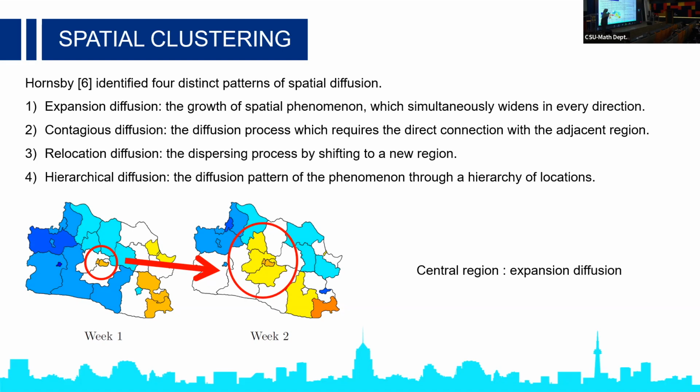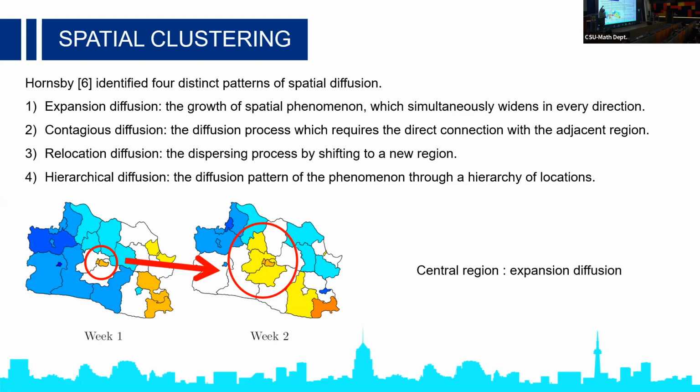So for example, in the central region there is expansion diffusion. We have this kind of pattern in the first week, then it becomes yellow surrounded by the orange one, surrounded by the yellow ones in the second week. In the central region, that is the first expansion diffusion.